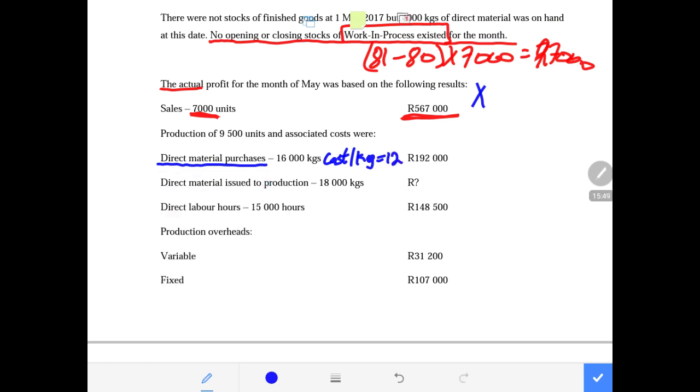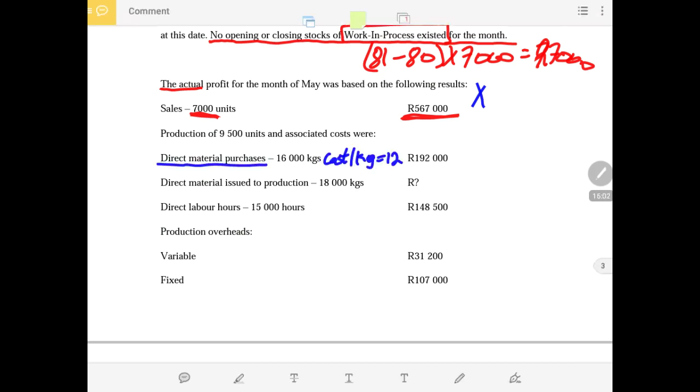Now, this also becomes a very crucial variance with regards to the compiling of the income statement and also the statement stated above and the reconciliation. And I'll explain that as I progress further.